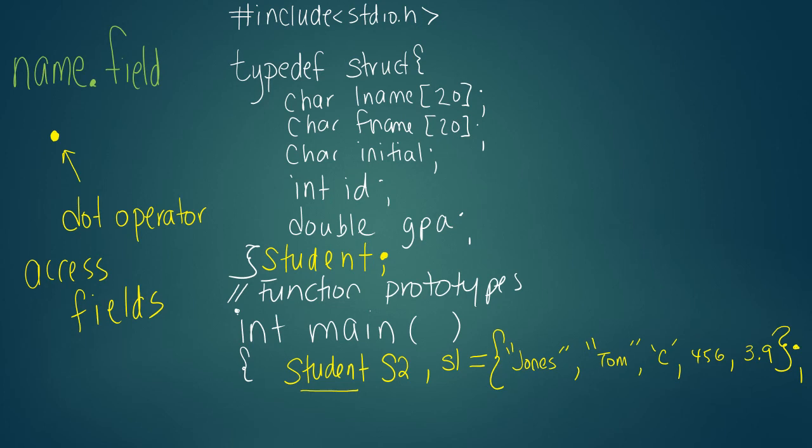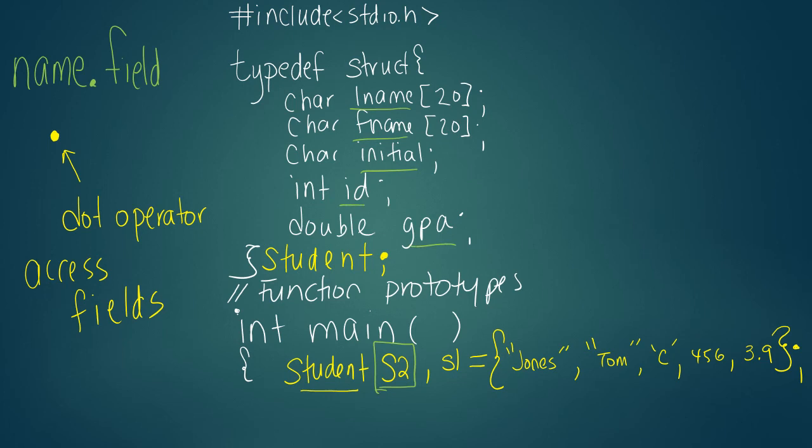All right, so what are the field names? Well, the name is the instance of the student. So S2 would be the name of the student, and the field name is whichever one of these fields that I want to access.